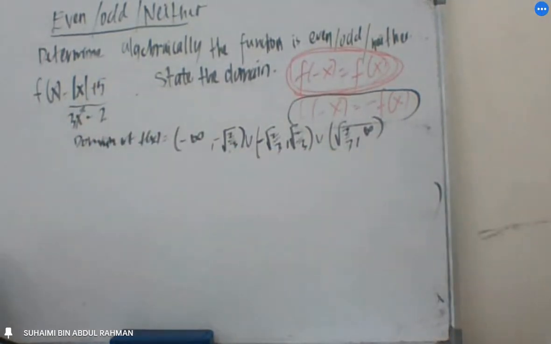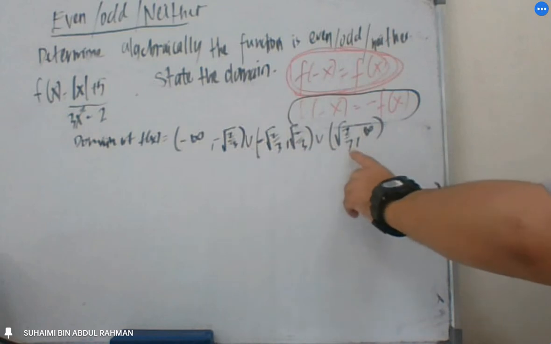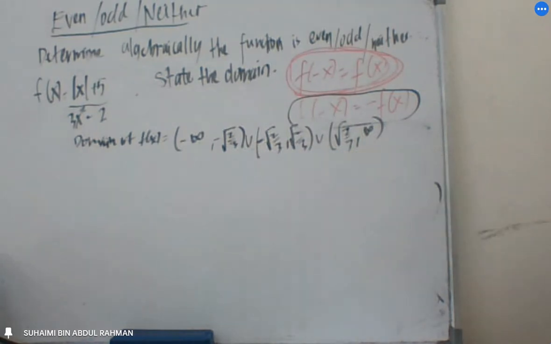Always I say that. Instead of taking all the numbers from minus infinity to infinity, we may have numbers which cannot be put there. When we test, two numbers cannot be put there: minus square root of 2 over 3 and plus square root of 2 over 3. The rest can.